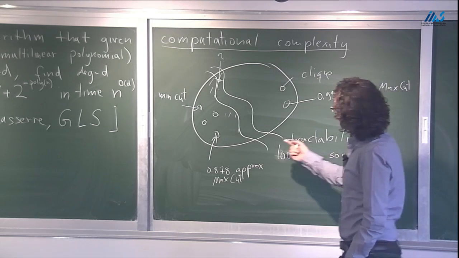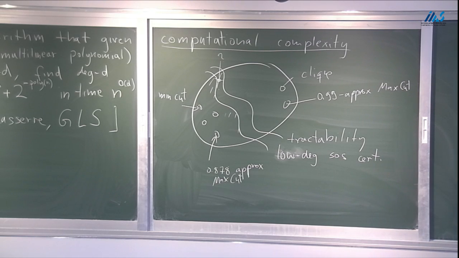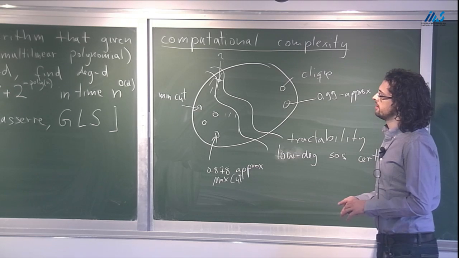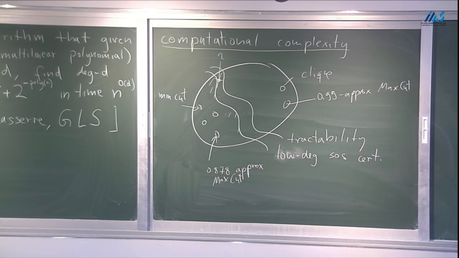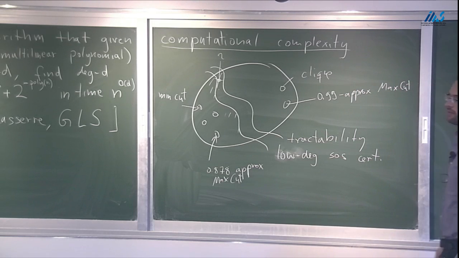But it turns out that sum of squares certificates can only solve it approximately, with arbitrarily good approximation, but they can't solve it exactly. So that's some difference. But once you allow these certificates a little bit of slack, then I don't know of examples where we have an algorithm but we don't have sum of squares certificates.